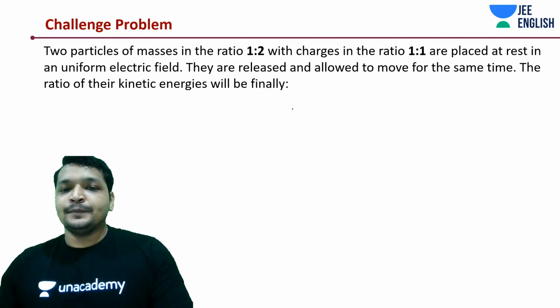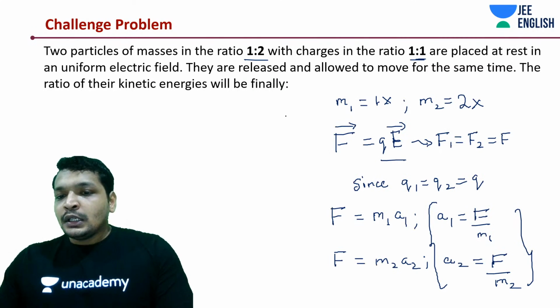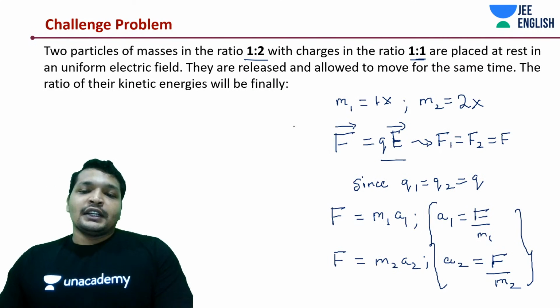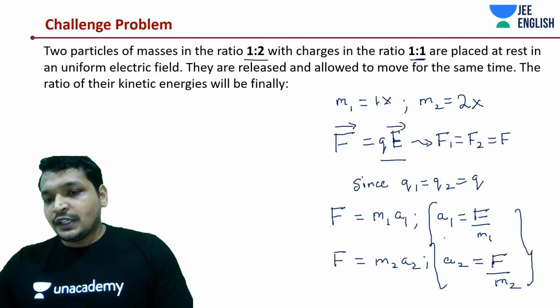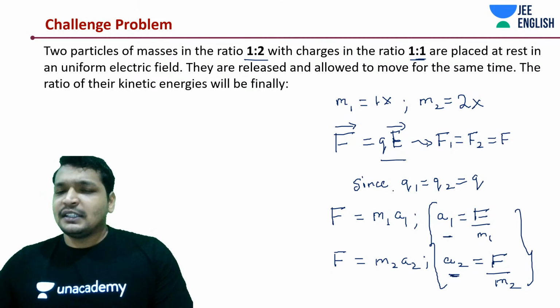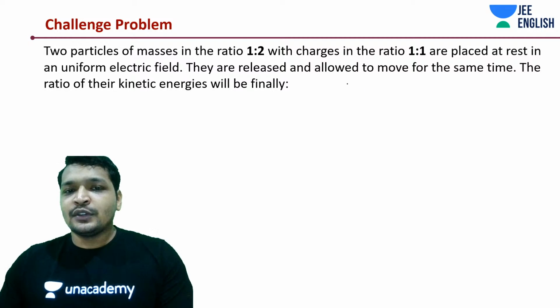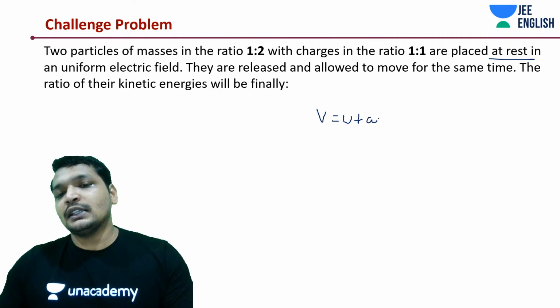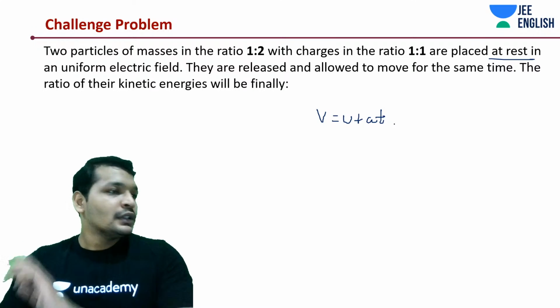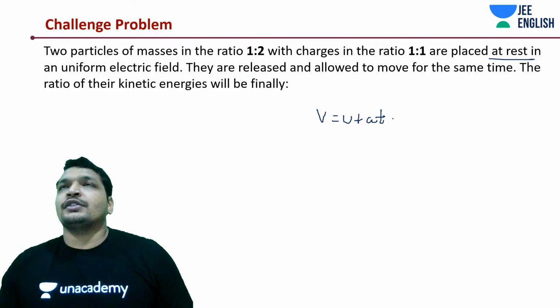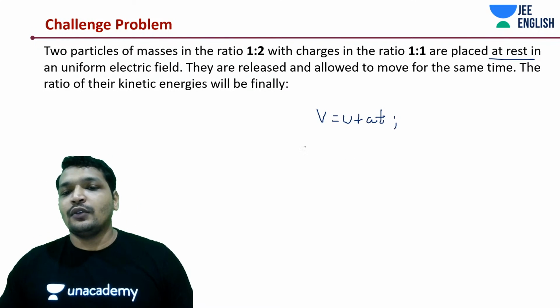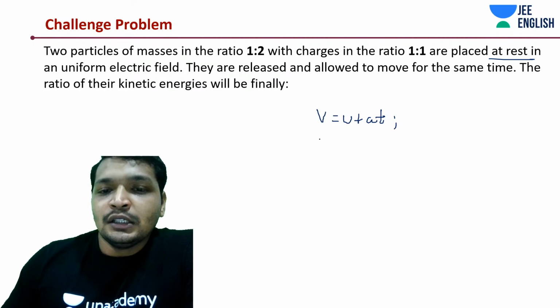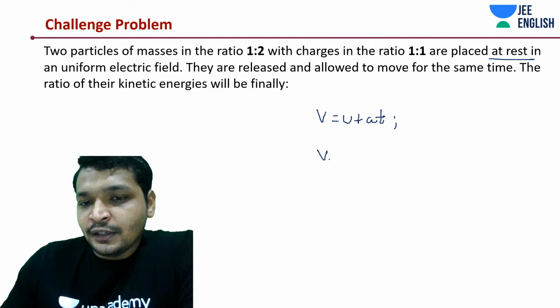Now, let's first of all understand these are the two things. This is moving very systematically. Some of you have already understood. They were at rest and they were released, and hence you have to go by V is equal to U plus AT, which is your first Newton's equation of motion. So V1 is going to be different.